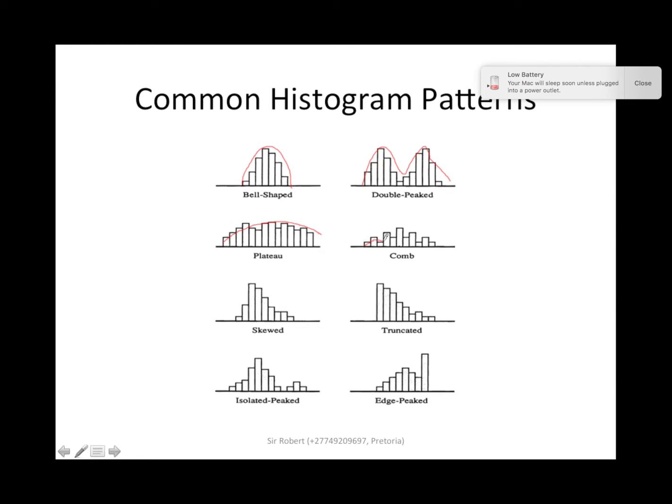Then you can see the other one is comb. It's more like a zigzag, coming up and down. Then you can get skewed. This one is skewed. Remember you spoke of skewness. And this is truncated, going like this. And this is isolated peak. This is one peak which is isolated.